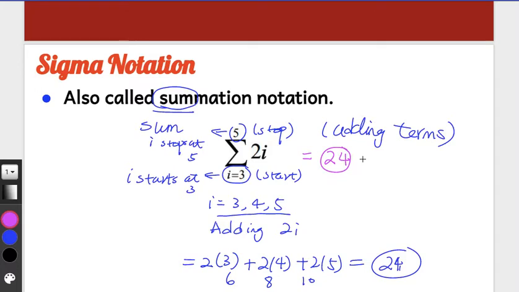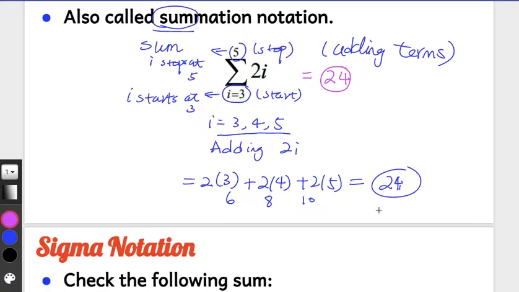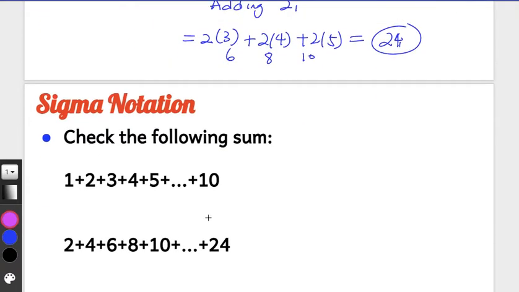You may wonder, since this is just adding terms, what's the point of writing it this way? How about we just list everything together? In higher-level math you will probably see this notation a lot. It's quite easy when I need to sum a list of long terms: instead of listing every single term, I can use summation notation to rewrite it in a simple way.